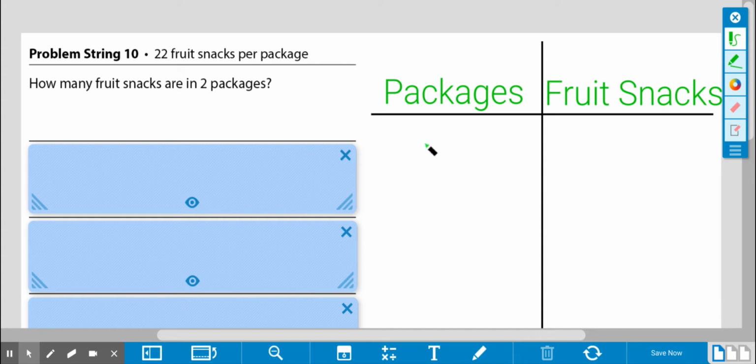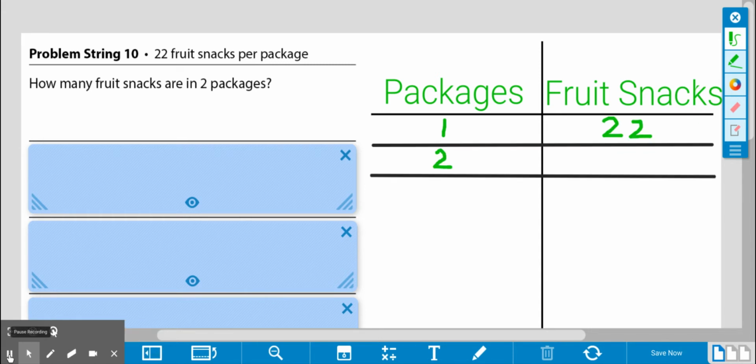That's the information that I was given as we got started. So I'm going to go ahead and put 1 there. All right, so I fixed up my mistake there. 1 package is 22 fruit snacks. So our job is to figure out how many are in 2 packages. So go ahead and figure that out.